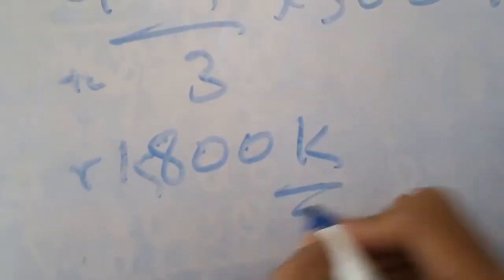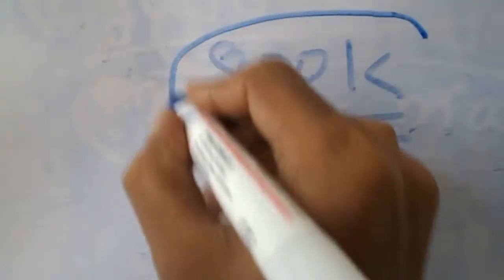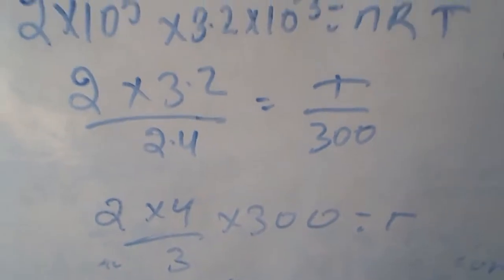What is the temperature? 800 Kelvin. Okay guys, so the temperature is 800 Kelvin.